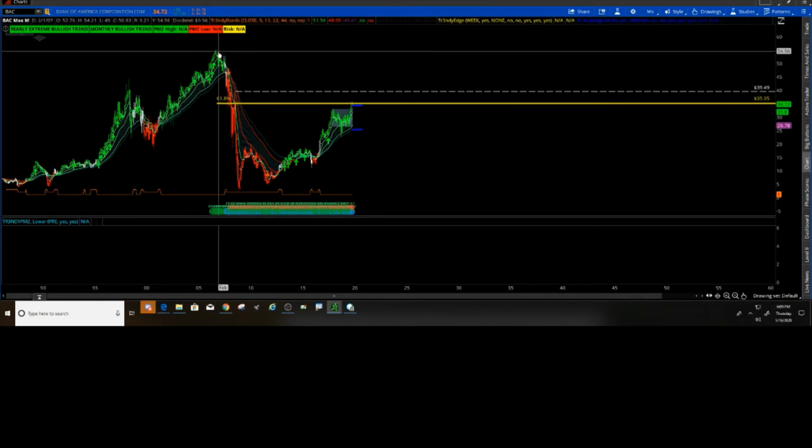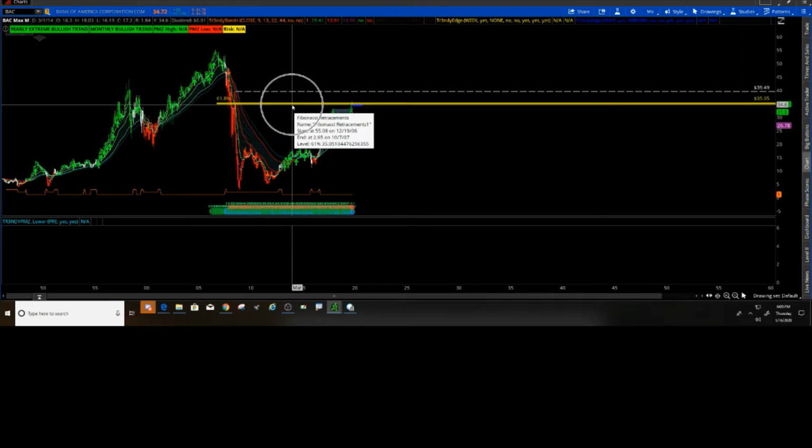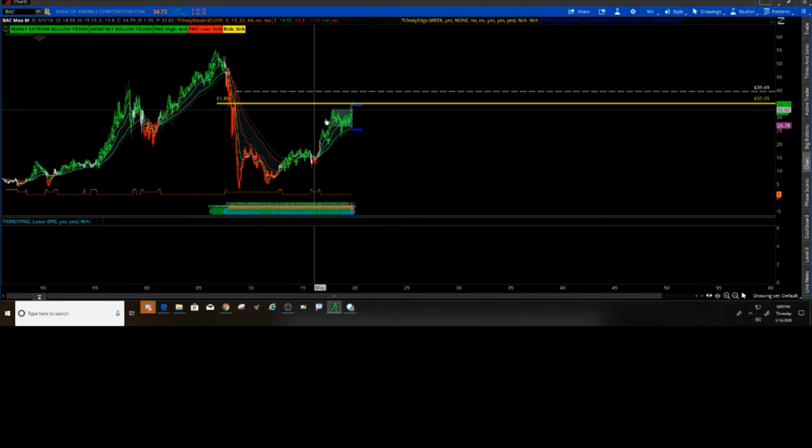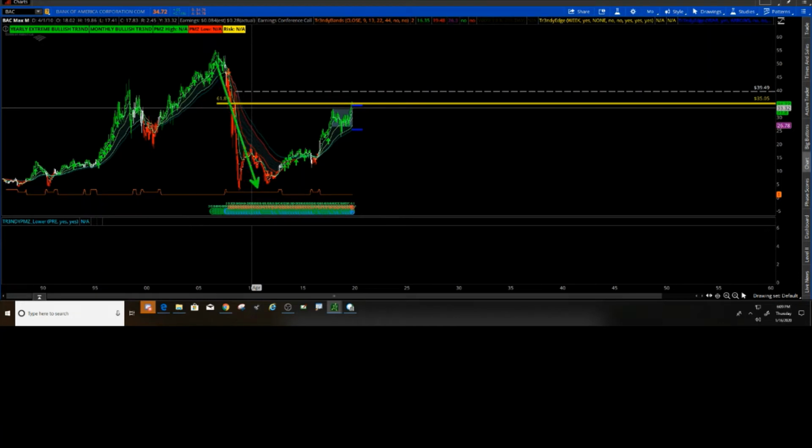Now I've already gone from pivot high into pivot low, and I just wanted to know where the 618 is. As a quick review, the 618 is the Fibonacci golden level, right? So what it means is this downtrend that we currently have in BAC, it's still a downtrend until it can close over the 618, and then it is broken.